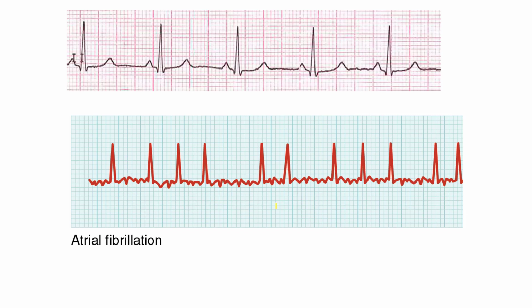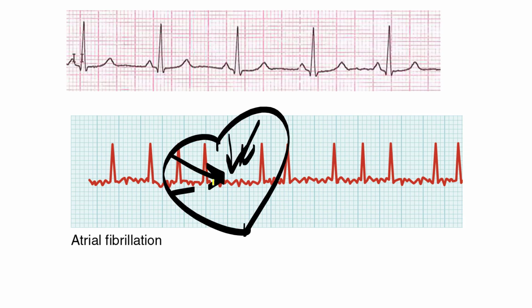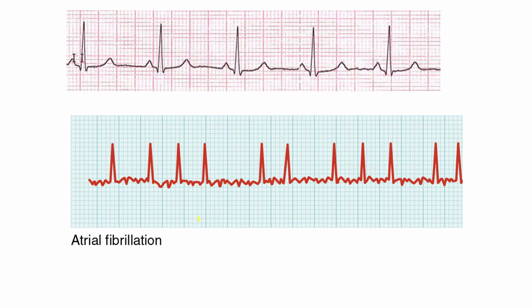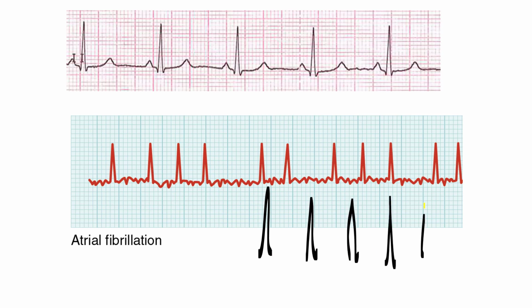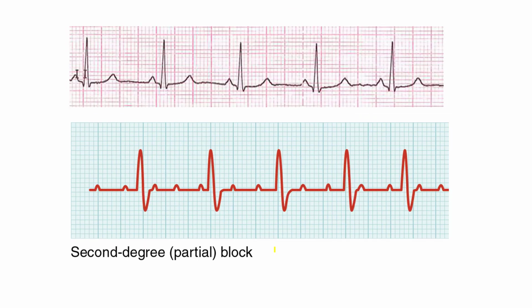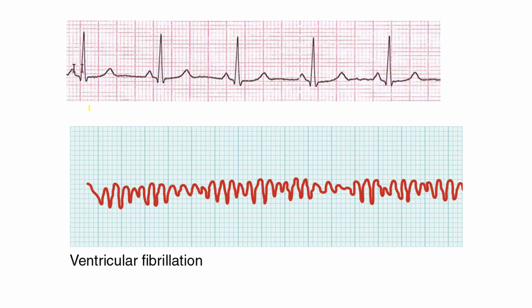And then the ventricular myocytes follow at almost a random rate as they're bombarded with signals from the AV node. And so you get this rhythm that's typical of atrial fibrillation, where you get fairly normal looking QRS, but because the atria are contracting irregularly, you get an irregular rhythm.